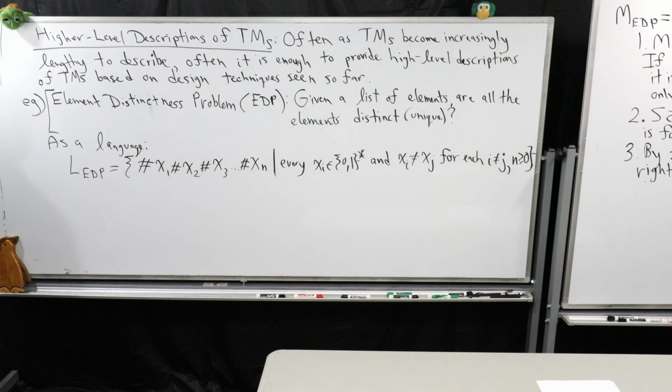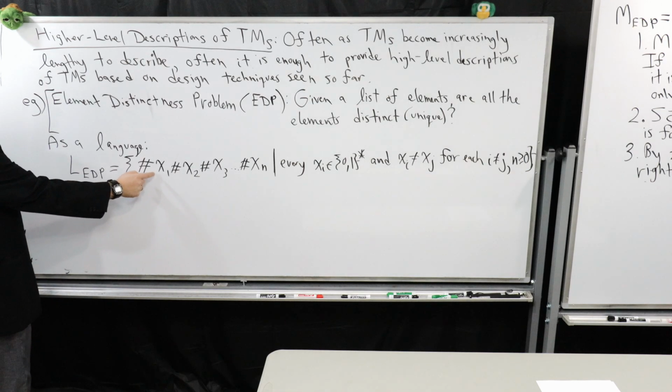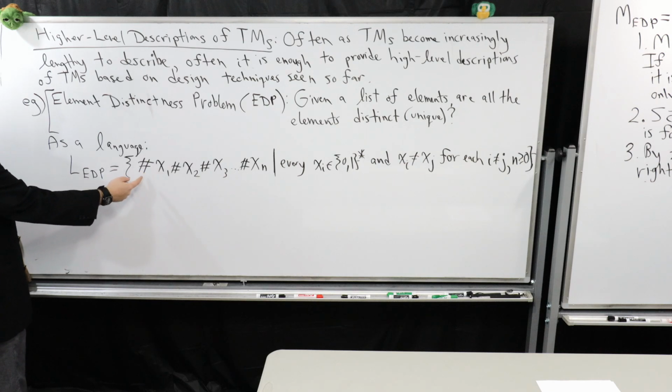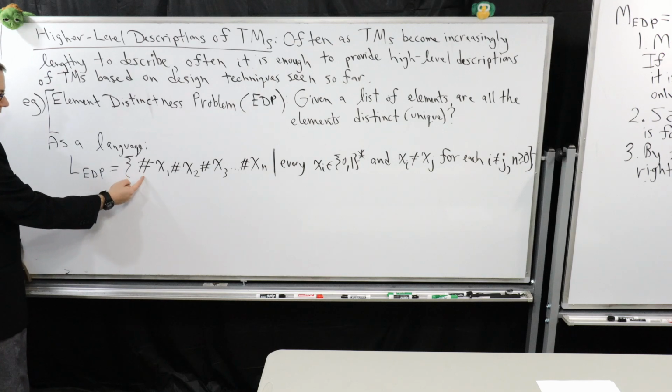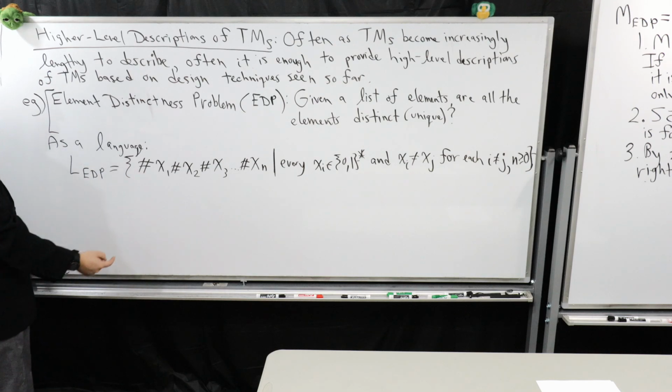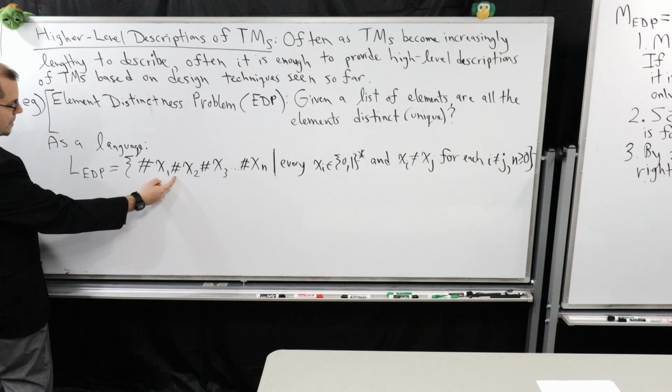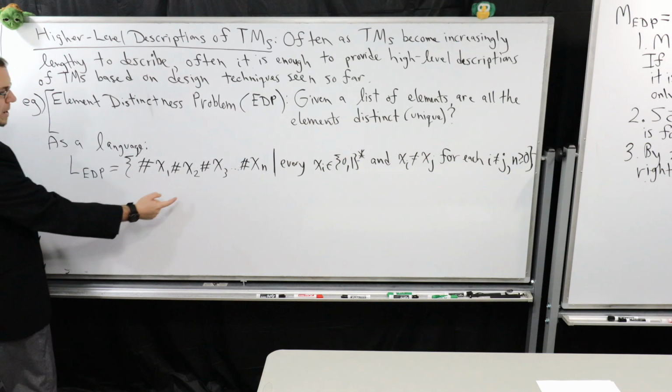If you're wondering how you would say, okay, here's the input, here's the answer, I have it in the notes, but effectively the input would be given to you in the following form. I'm going to have pound signs, or hashes, however you want to call them. I'll call them pound signs to be a little easier. So I have a number sign, then some element of my list, then a pound sign, then another element, then a pound sign, then an element.